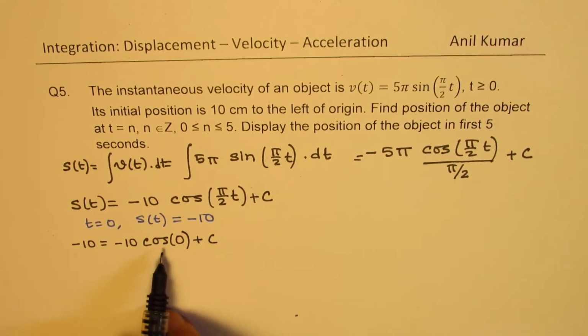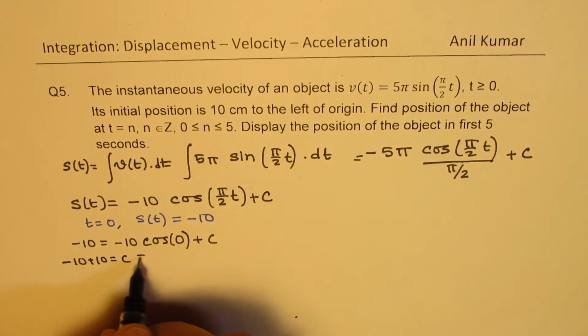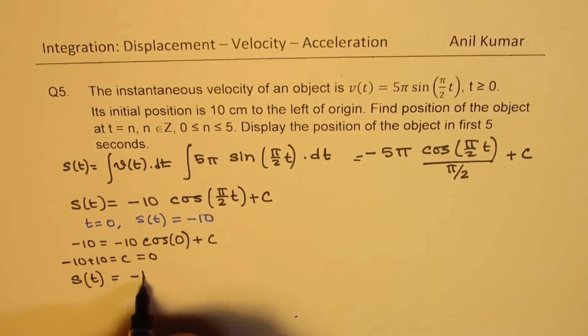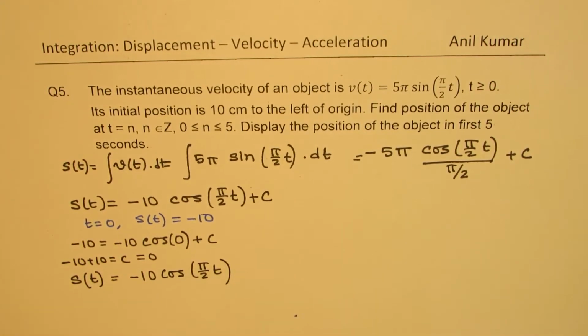Now cos of 0 is 1, and so we get c equals minus 10 plus 10, which is 0. So we can write the displacement function as minus 10 cos of pi by 2t, c is 0. So that becomes our expression for displacement.